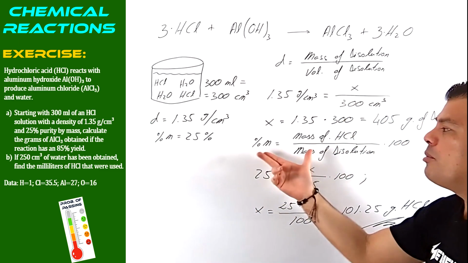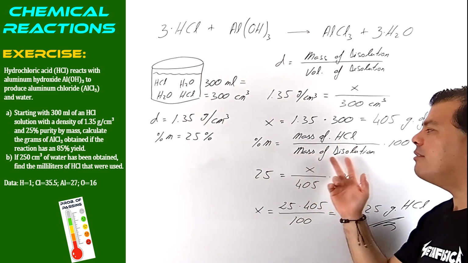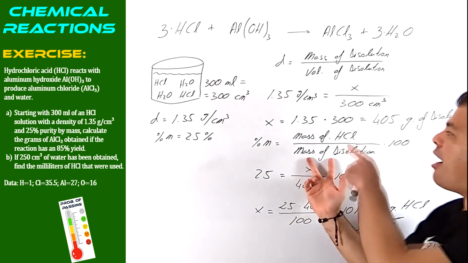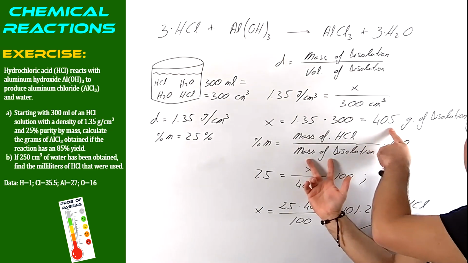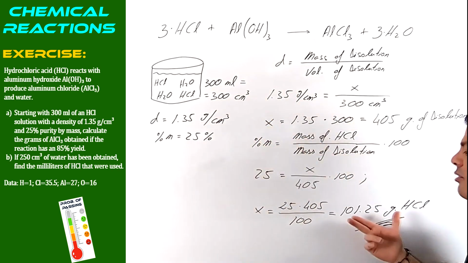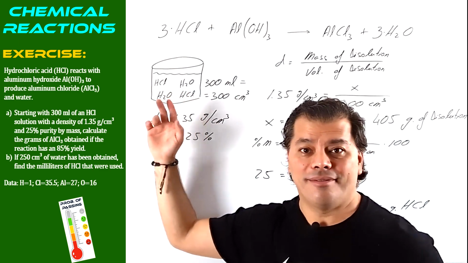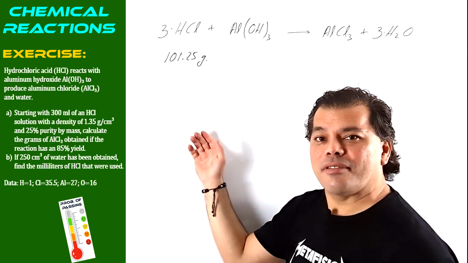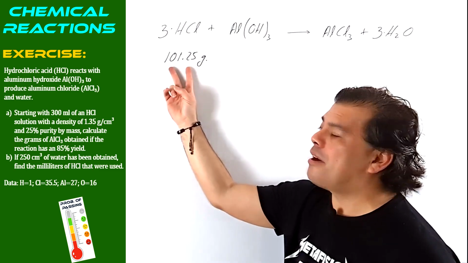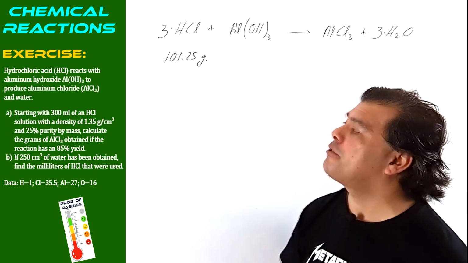As you know, purity mass is mass of solute, hydrochloric acid, divided by mass of this solution, our 405. And thus, we could know that in this little glass travels 101.25 grams only of hydrochloric acid. That's it. I've erased the previous calculations, but I've placed here our result, 101.25 grams of hydrogen chloride.